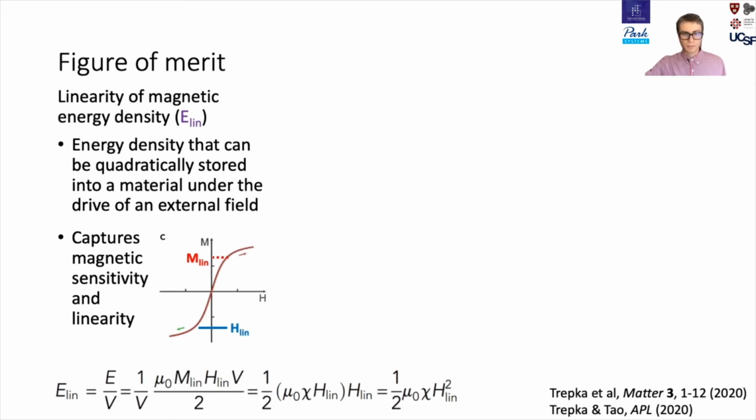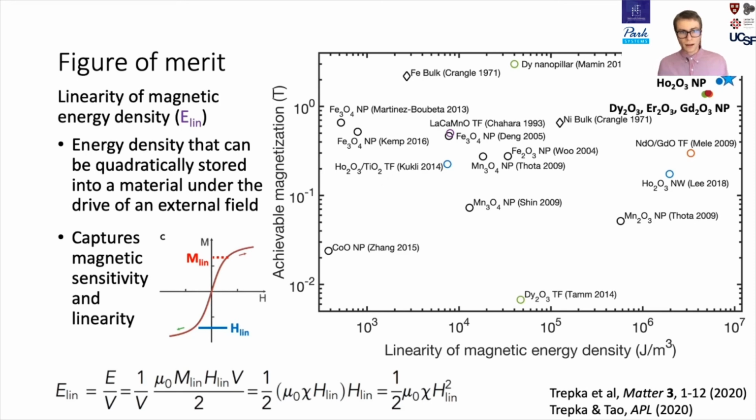Looking at a plot with achievable magnetization at a 7 Tesla applied field on the y-axis and linearity of magnetic energy density on the x-axis, an ideal magnetic material for scanning probe applications would be in the top right.